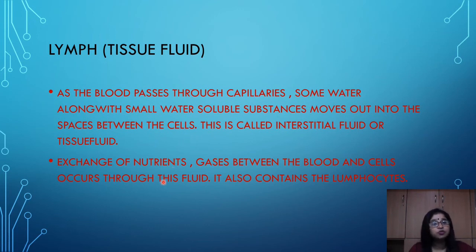Along with this, WBCs too can move out of the capillaries into this fluid, but no RBCs and platelets will be seen. What happens because of this tissue fluid? Exchange of nutrients and gases between the blood and the cell occurs through this fluid, because the cells are completely surrounded by it. They also contain lymphocytes.